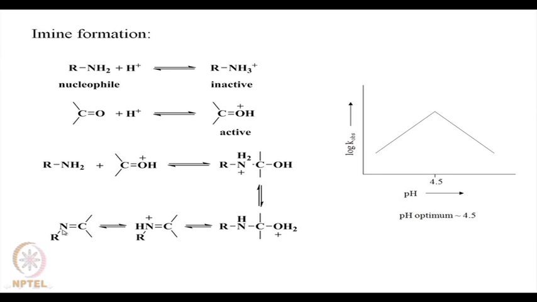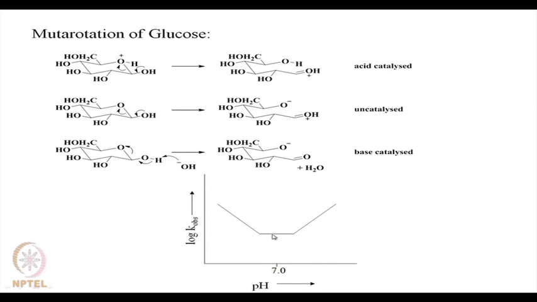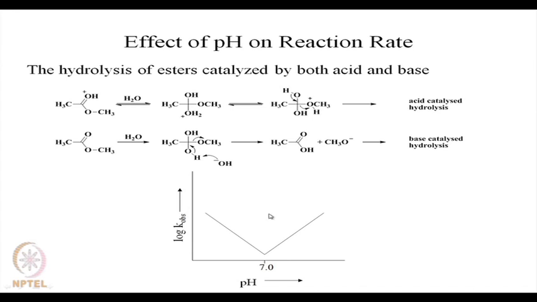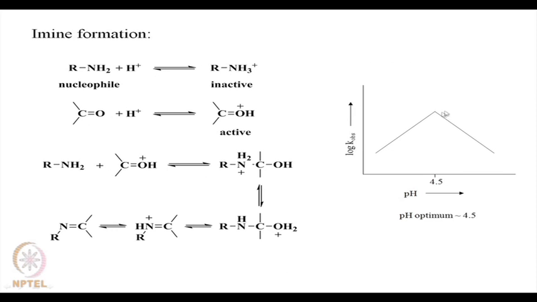Then it forms the imine. The rate has been found to have its maximum value in the vicinity of pH 4.5 to 5. Unlike the previous one, where you were getting a plateau around 7, and in this case a minimum around 7, here the maximum is at a value different from 7, that is 4.5 to 5.